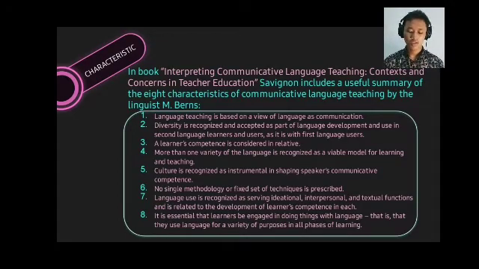Sixth, no single methodology or fixed set of techniques is prescribed. Seventh, language use is recognized as serving ideational, interpersonal, and textual functions and is related to the development of learners' competence in each. Eighth, it is essential that learners be engaged in doing things with language, that is, that they use language for a variety of purposes in all phases of learning.